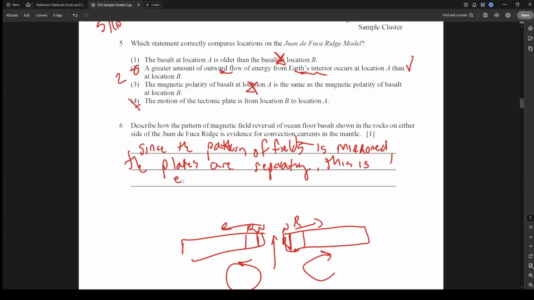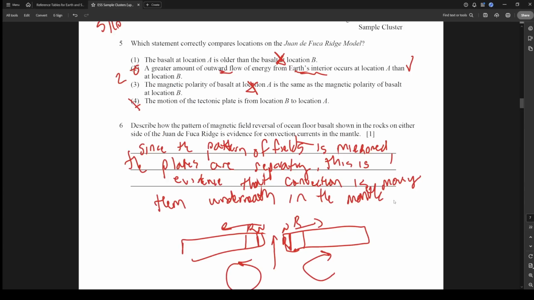This is evidence that convection is moving them underneath in the mantle. That's really all I'm going to leave it at.